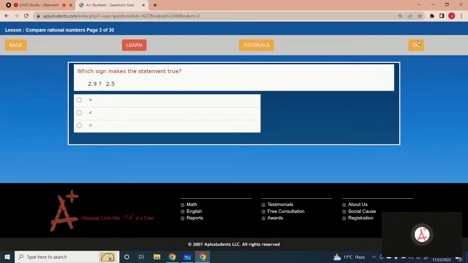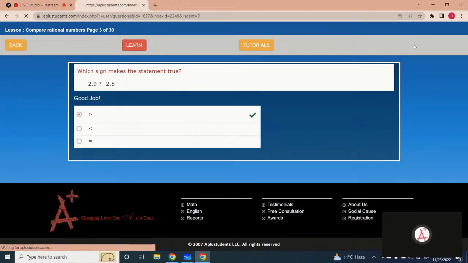Okay, which sign makes the statement true? 2.9 and 2.5. 2.9 is greater than 2.5. Got it? So you have to put a greater than sign over here.